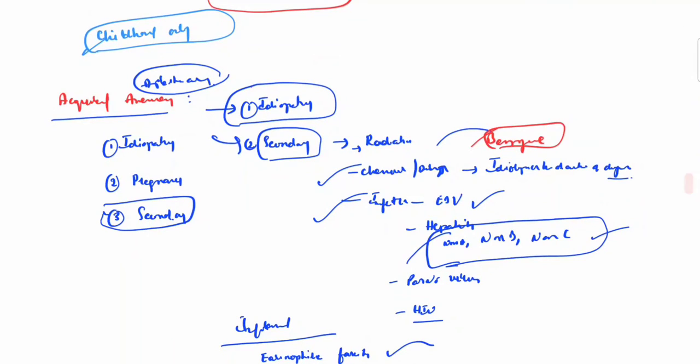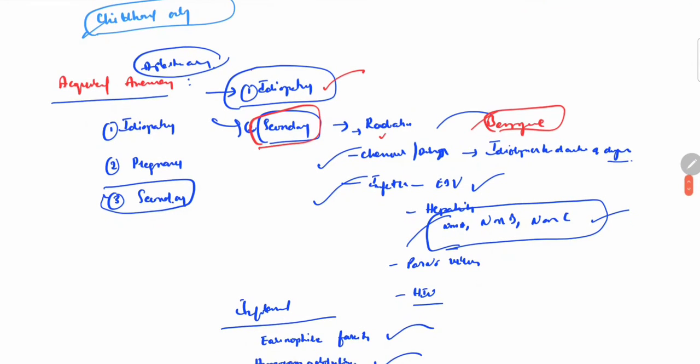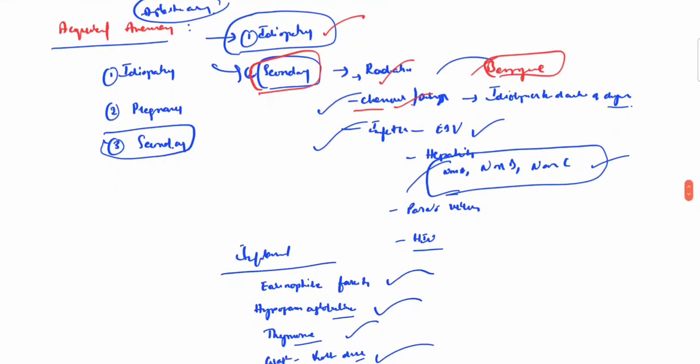Acquired aplastic anemia can be idiopathic or secondary to radiation, chemicals like benzene, or drugs like NSAIDs and antithyroid drugs. A long list is there. And then infections, that is EBV, hepatitis. The important point is that hepatitis-induced pancytopenia is due to non-A, non-B, non-C virus infection.